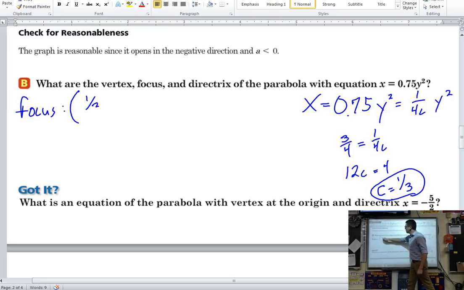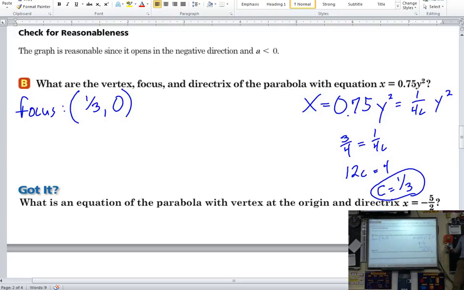So I have 1/3, comma 0. Questions on why that's happening? My c value over here is 1/3. And because it's a horizontal parabola, we know the focus gives me the x value instead of the y value. We good?